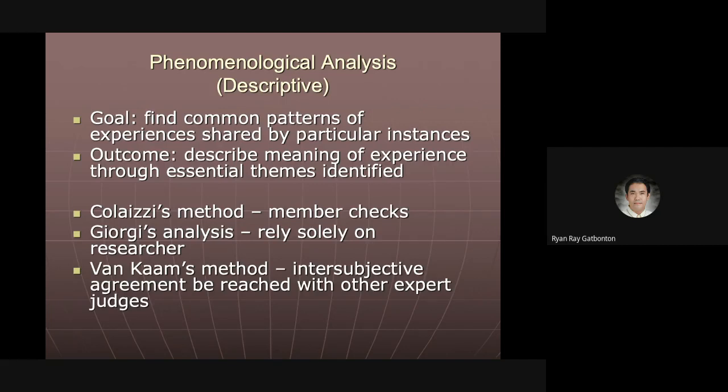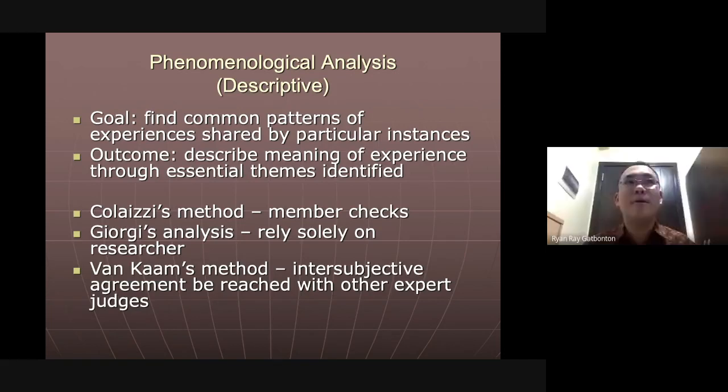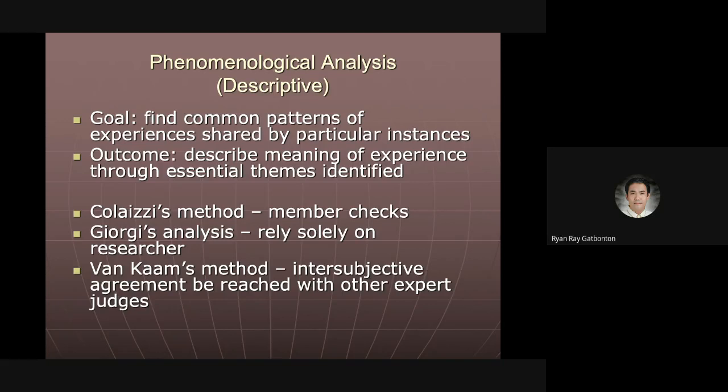On the other hand, Van Kaam's method seeks to reach intersubjective agreement with other expert judges. This means that when a researcher interprets the qualitative data, for him or her to achieve intersubjective agreement, that researcher must seek the interpretation of her or his peers, nung kanyang mga co-researchers or other researchers, or any other people who have experience in phenomenological analysis.